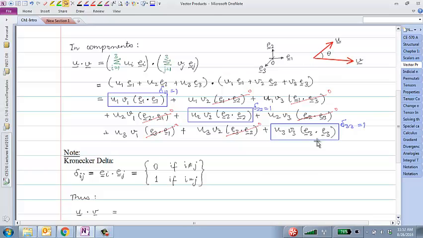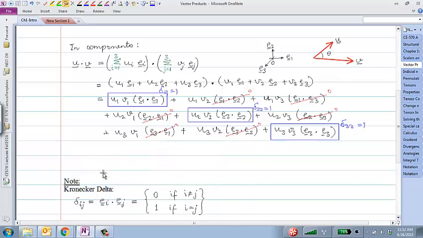Okay? So what we are going to do is write this, actually, let me move it back down. We are going to write this as a short form where I will use a double summation, i going from 1 to 3, j going from 1 to 3, ui vj ei dot ej.